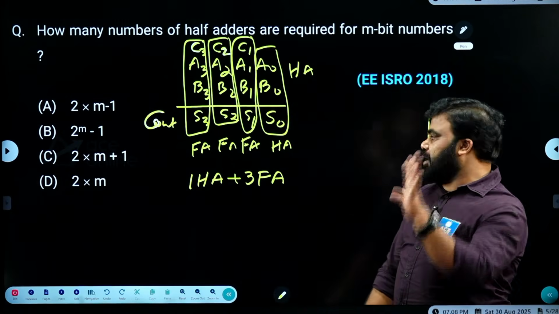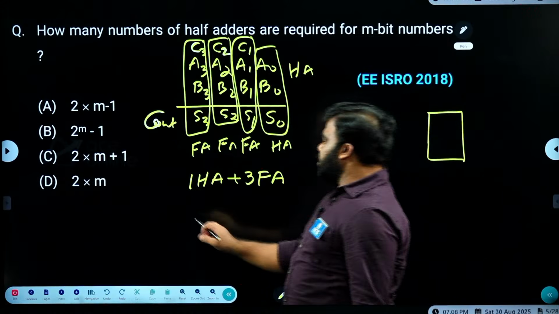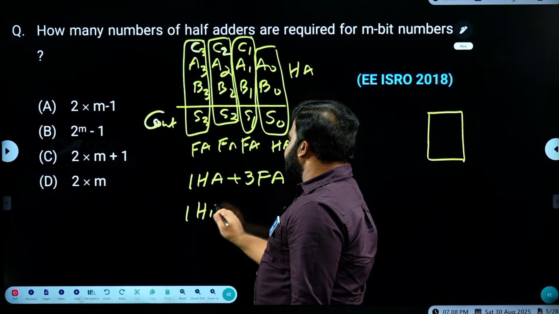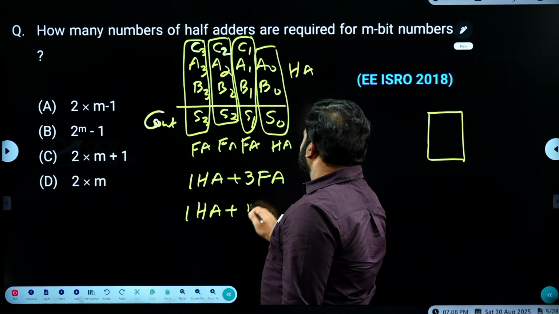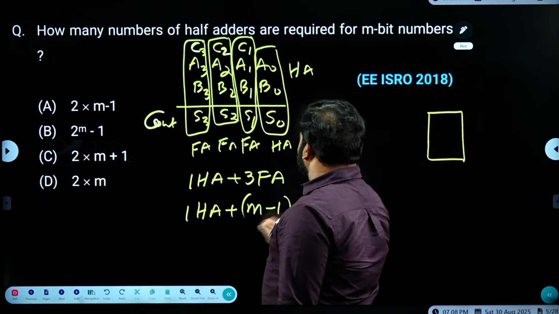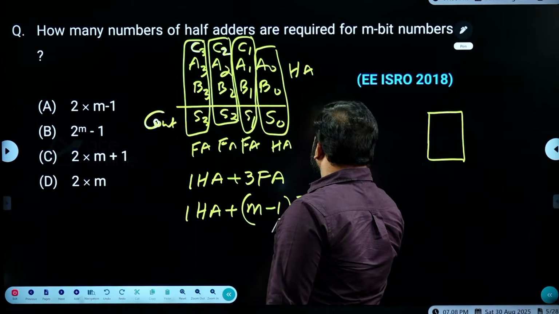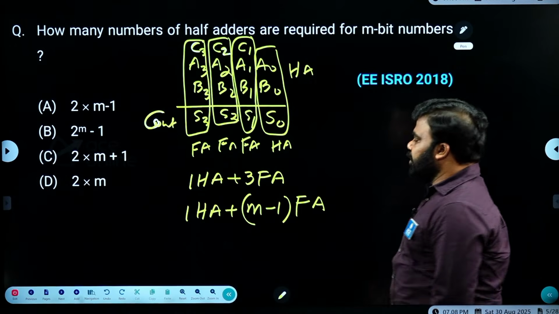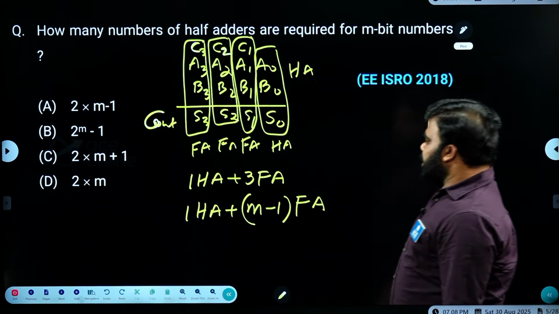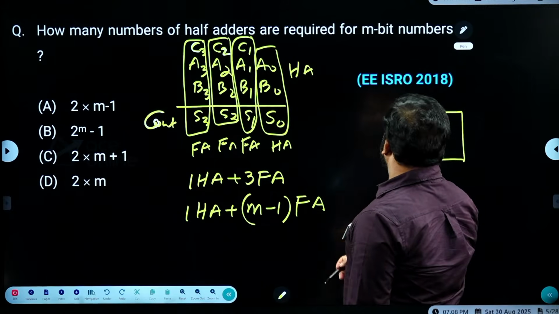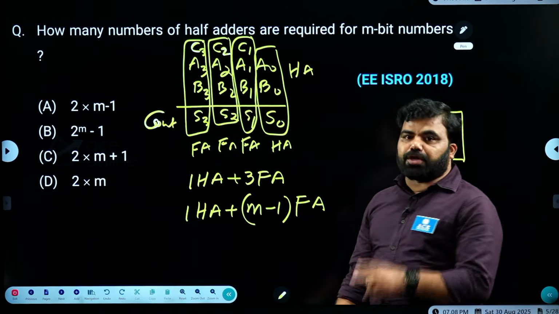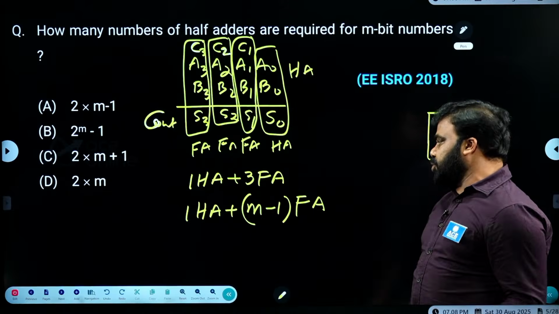For a 4-bit adder. If I say m-bit adder, 1 half adder plus m minus 1 full adders. Then what we get here, each full adder can be implemented with 2 half adders and 1 two-input OR gate.